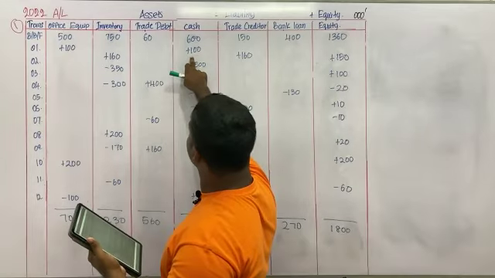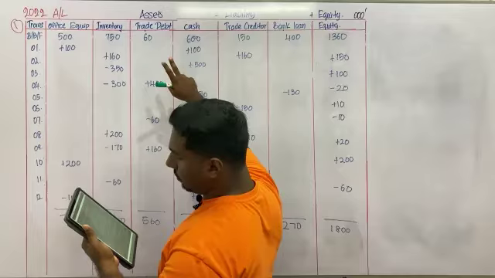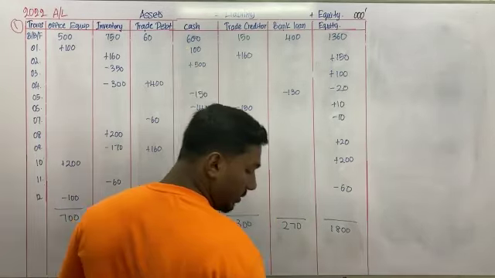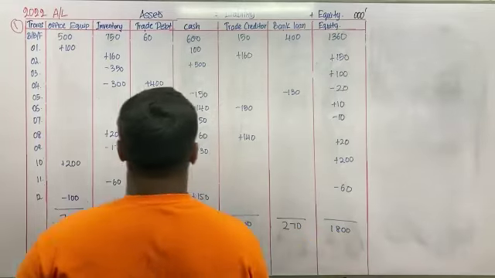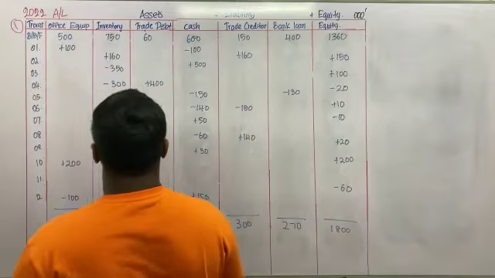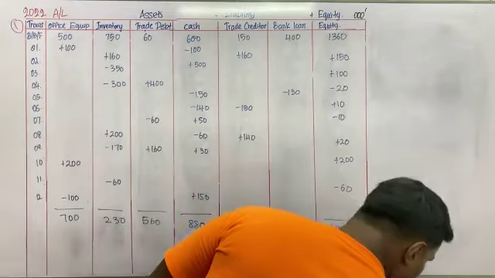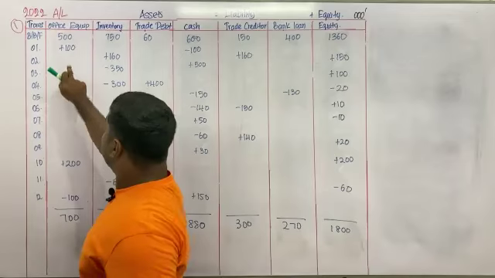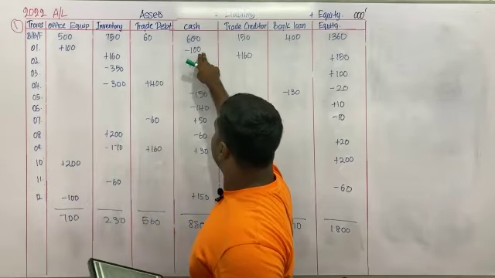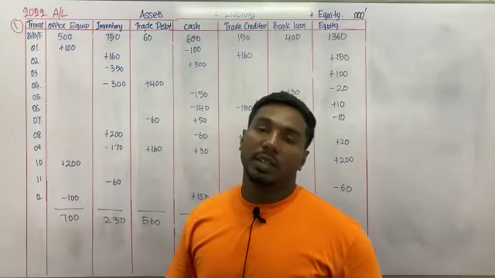At the same time, it is minus 100. Look at the transaction number 1 here. Office equipment increase 100, cash decrease 100, which means what?